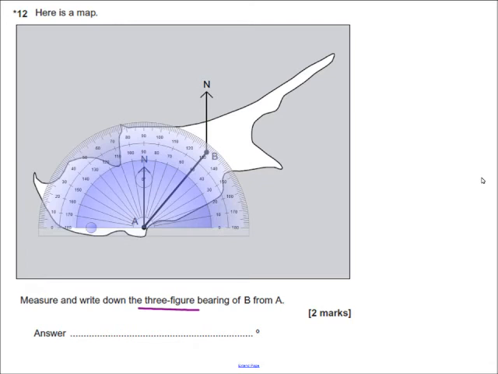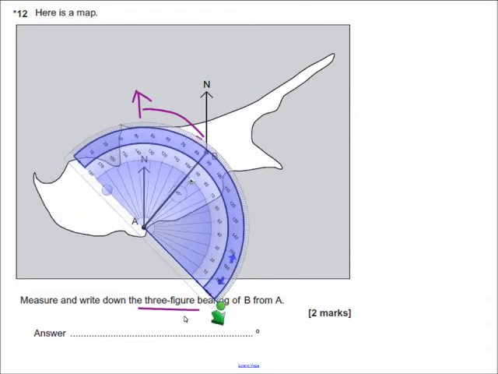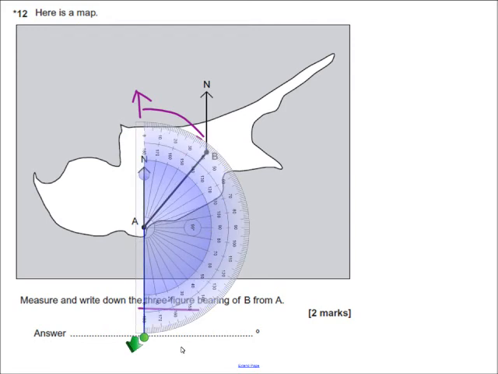Looking at our protractor, we have to go around from north to the bearing we're interested in. So our reference north from A, around to B. If this is 0, we can rotate our protractor. There we go, it's rotated with north. Now we have 0 and we measure our angle around.